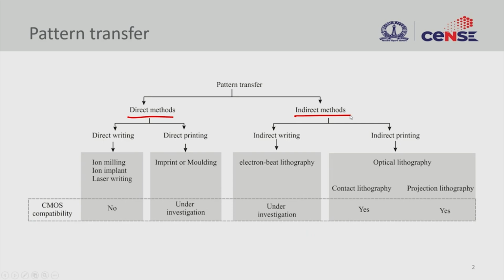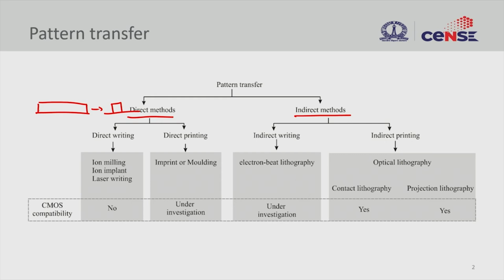So what do we mean by direct? Direct means if I take a film, I can directly make the cross section. I don't need any intermediate layers, so I can directly pattern whatever substrate or material I want to pattern.